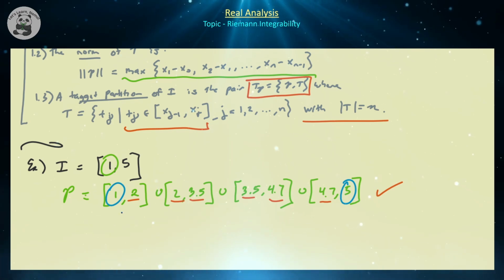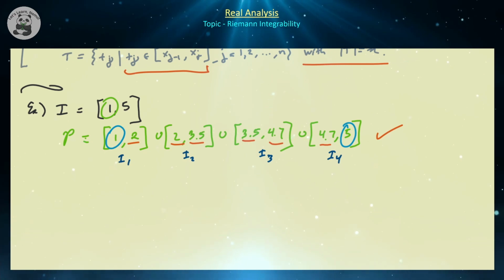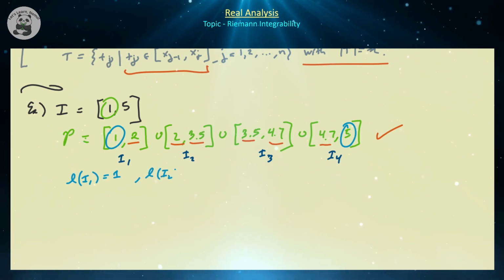In particular, we have interval 1, interval 2, interval 3, and interval 4. So let's see if we can figure out what the norm of this partition is. Notice that the length of I1 is just going to be equal to 1. The length of I2 is going to be equal to 1.5.